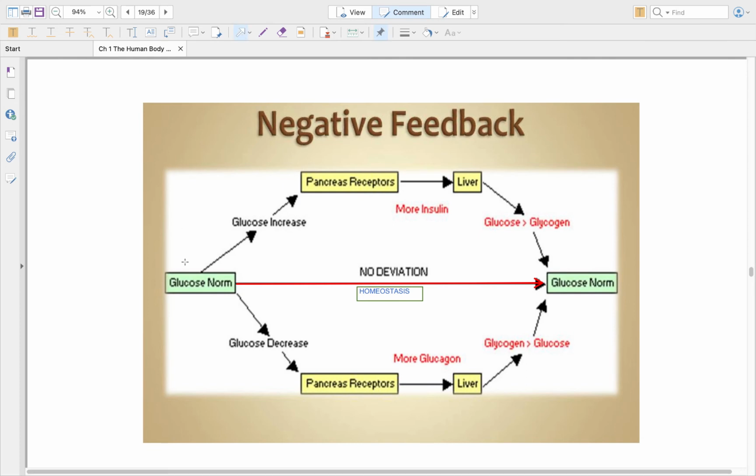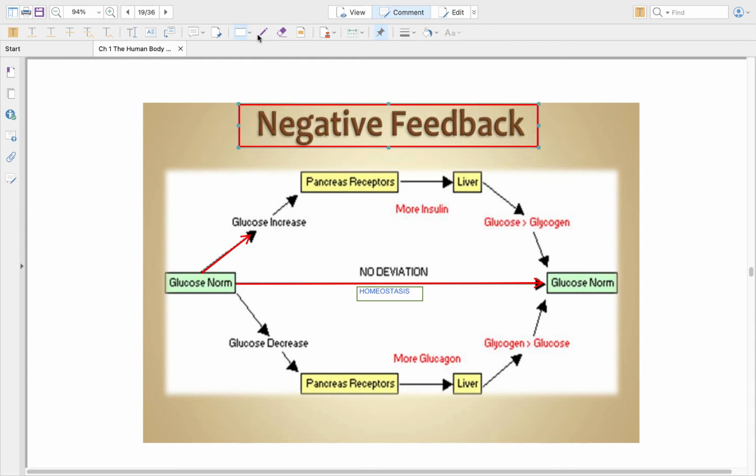Now if you eat something, your blood glucose is going to increase. If your blood glucose increases, we have an entire series of events that's going to respond, because we have something called a negative feedback loop, and this is the negative feedback loop right here.